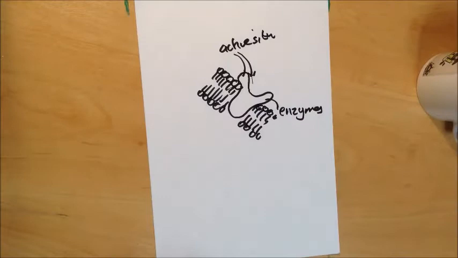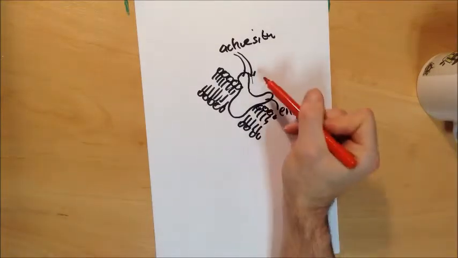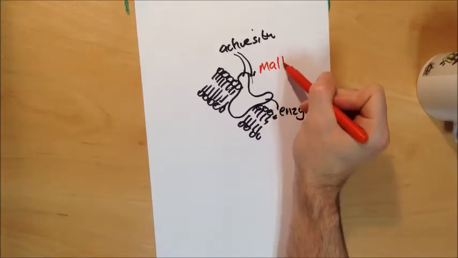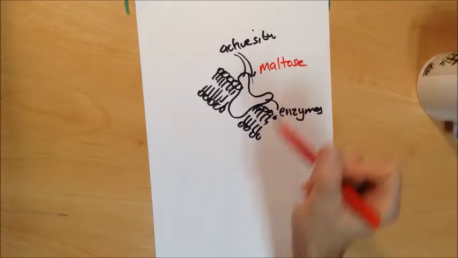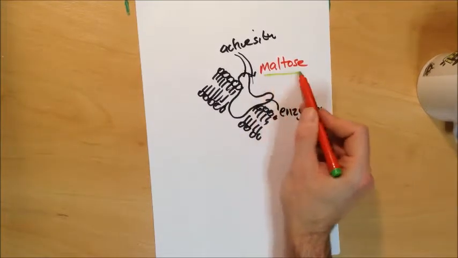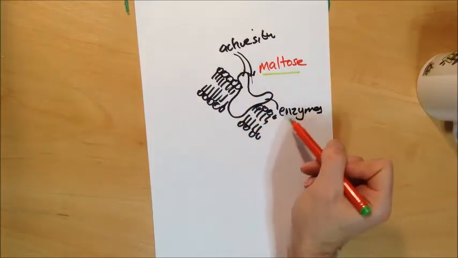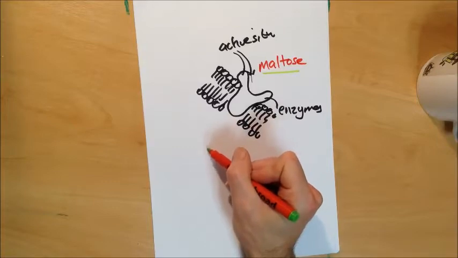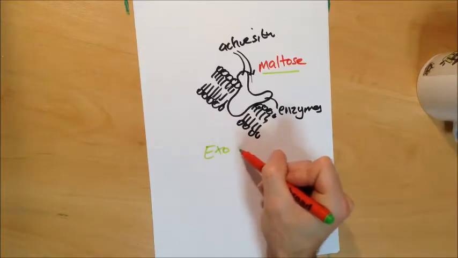And the substrates which will be binding to the active site would be things that we mentioned before, like for example maltose will get broken down into glucose by the action of the enzyme maltase. And also another example of an enzyme which you'll find on an epithelial cell are enzymes called exopeptidases.